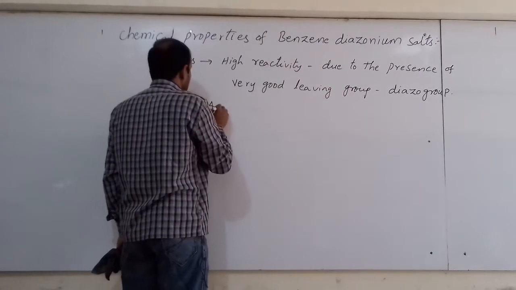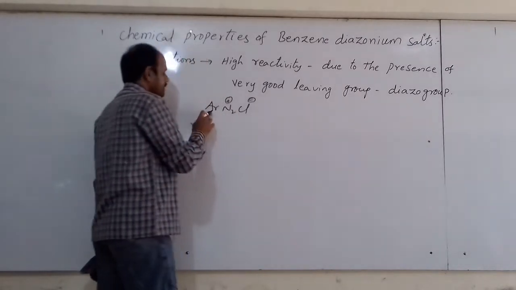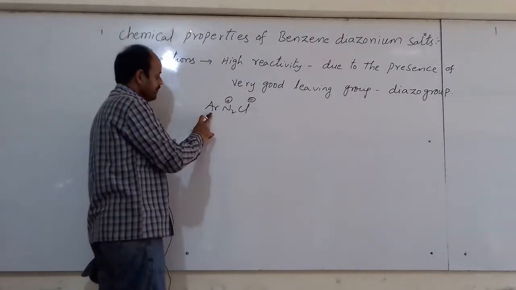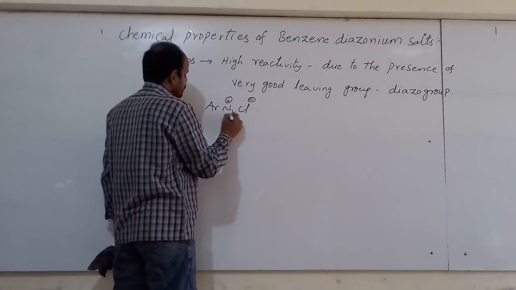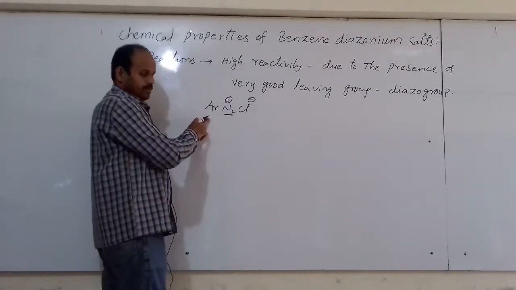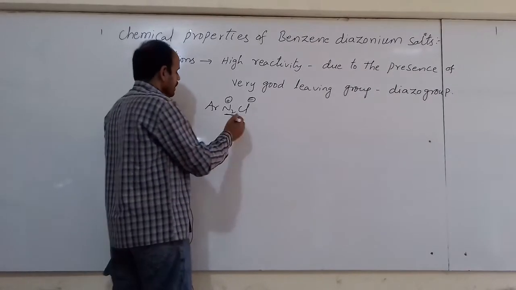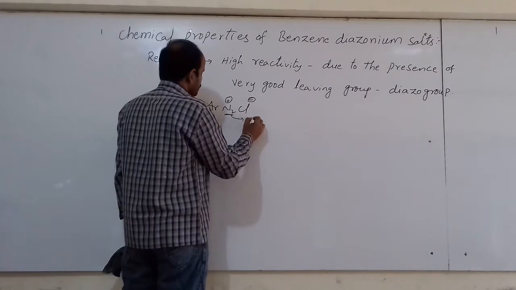If you take ArN2Cl, here Ar is nothing but phenyl group C6H5. In this one, the diazo group is the best leaving group, easily removed from the compound. Thus it has very high reactivity, and this is removed as N2 gas.